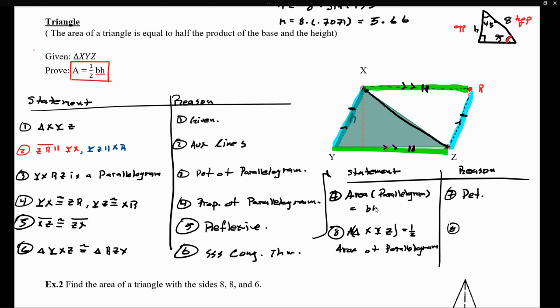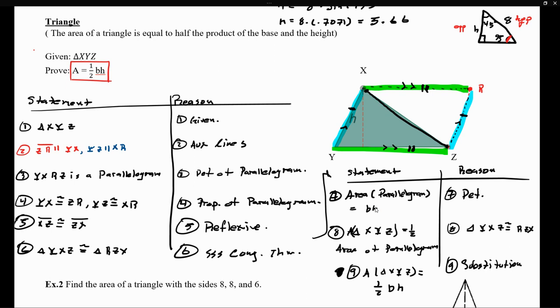The reason why is because we have two congruent triangles, XYZ congruent to RZX. And now, since the area of this triangle is half of the parallelogram, then now we can finally state that the area of the triangle XYZ is equivalent to 1/2 of the base times height, because the area of the parallelogram is base times height. So therefore, the area of the triangle is 1/2 times the base times the height. And we can just call this substitution.